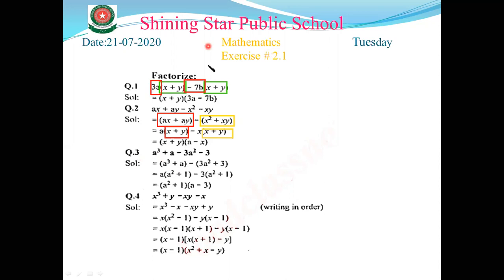And when we take the common a, we get here a square plus 1, and from these two terms, when we take the common 3, we get a square plus 1. Now when we take the common a square plus 1, we are left with a and here minus 3, so that's why we get a minus 3.